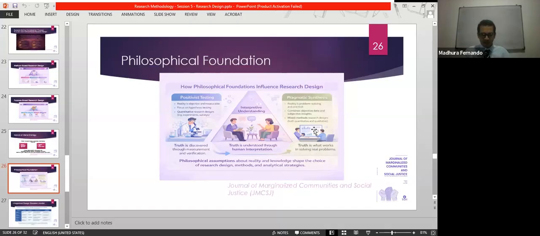Philosophical assumptions about reality and knowledge shape the choice of research design, methods, and analytical strategies. The only thing is not knowing the definition of these research designs.